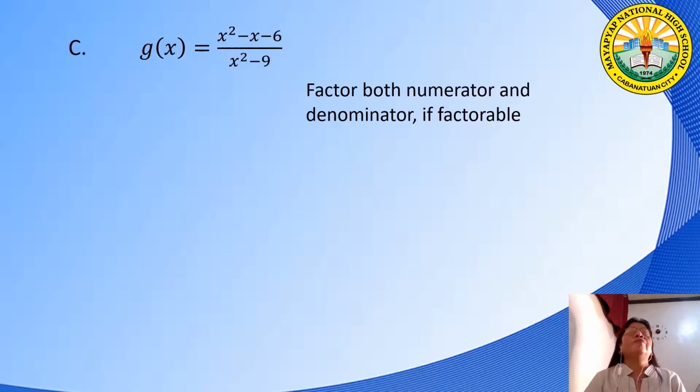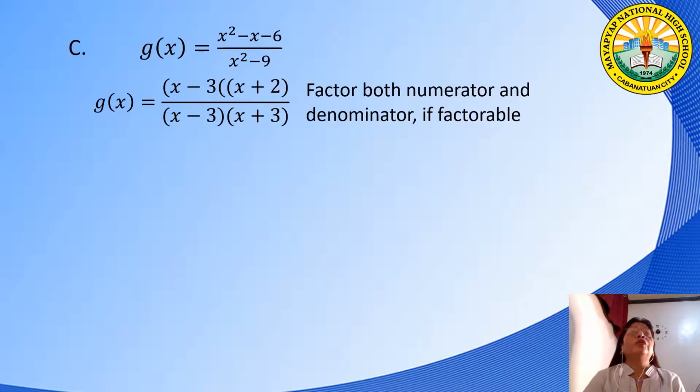Another, we have g of x equals x squared minus x minus 6 over x squared minus 9. So you are going to factor both the numerator and the denominator if factorable. In our example, x squared minus x minus 6 and x squared minus 9 are factorable.